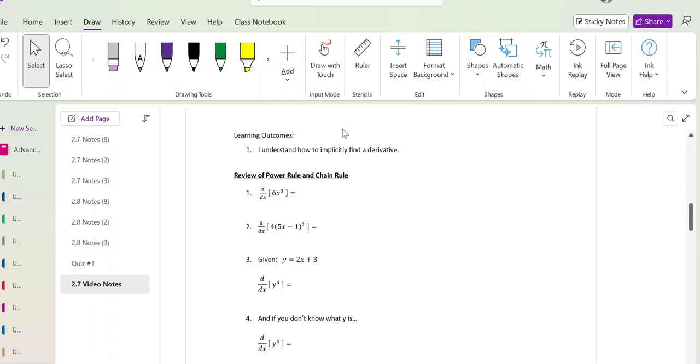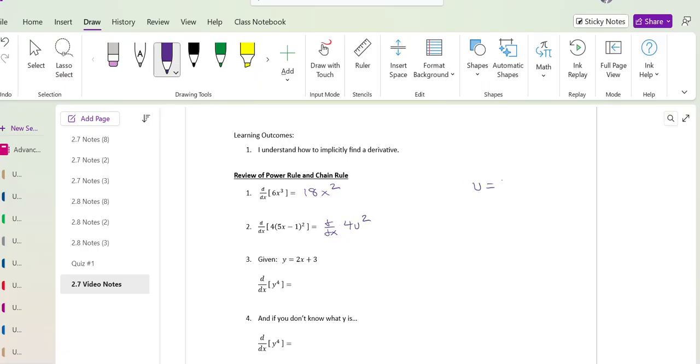So let's review where we've been so far. The derivative with respect to x of 6x to the third, well, that's just a power rule, so that gives us 18x squared. Now here, with respect to x, we could use the chain rule. We could say this is the derivative with respect to x of 4u squared.